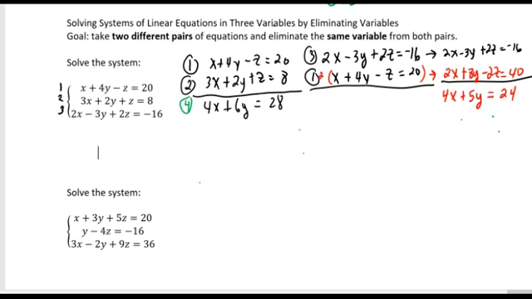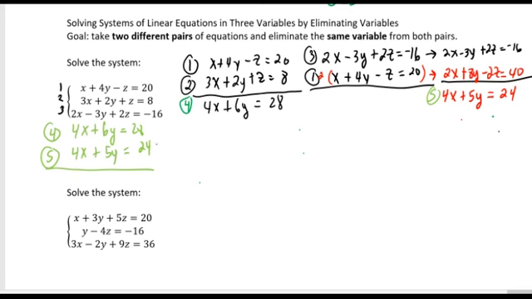So what has happened here is we created a new equation, number 5. Equation 4 was 4x plus 6y equals 28, and equation 5, 4x plus 5y is equal to 24.